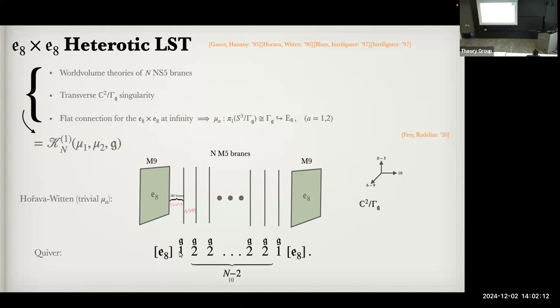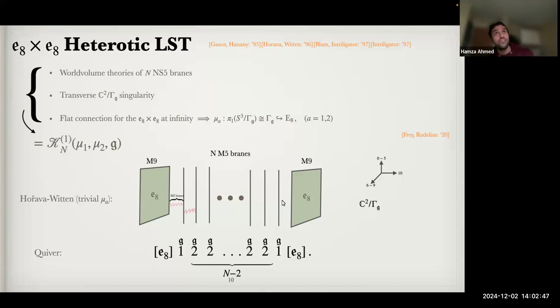Yes. How does gravity decouple for the LST in this case? Oh yeah, good. Well, first of all, you're probing a non-compact space. But in the Hořava-Witten picture, if I was going to have just an E string, then I could send one of the M9 branes to infinity and then decouple the lower dimensional Planck mass. But in the little string theory, you're keeping all of them.